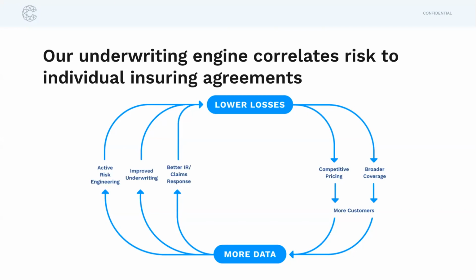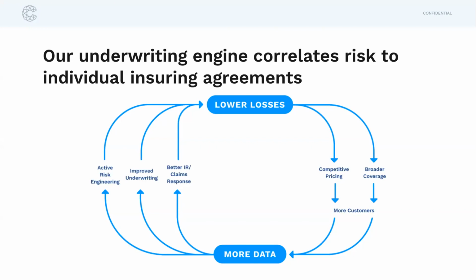At Coalition, because of the data we capture, we're very focused on connecting those two dots, so we have improved underwriting. The data also enables us to actively risk engineer. That's a term we use to describe our security tooling and the work we do to support clients in helping them mitigate their security-related risk.